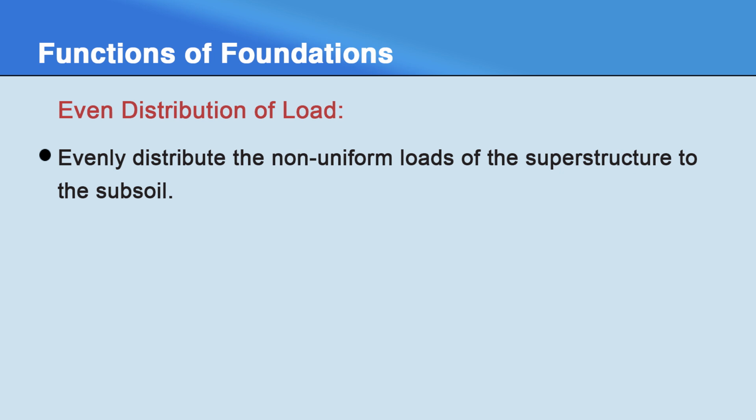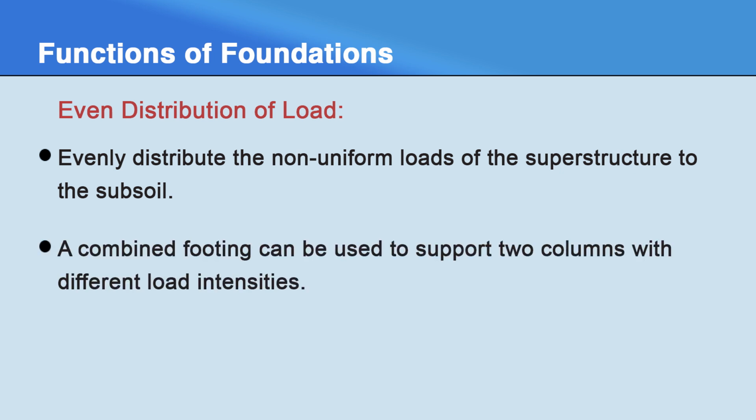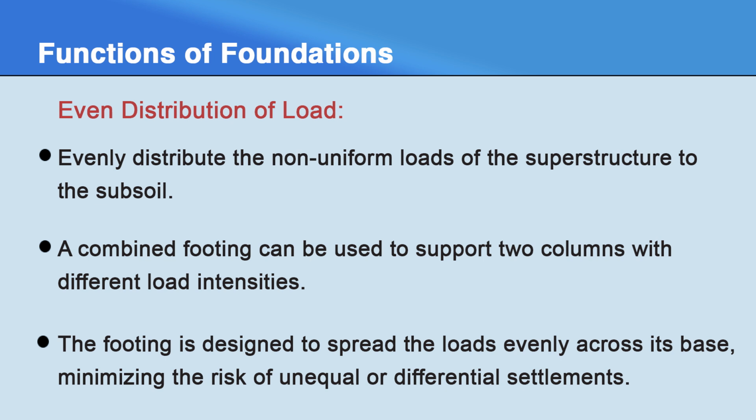For instance, a combined footing can be used to support two columns with different load intensities. The footing is designed to spread the load evenly across its base, minimizing the risk of unequal or differential settlements. This even distribution can maintain the structural integrity and stability of the building.